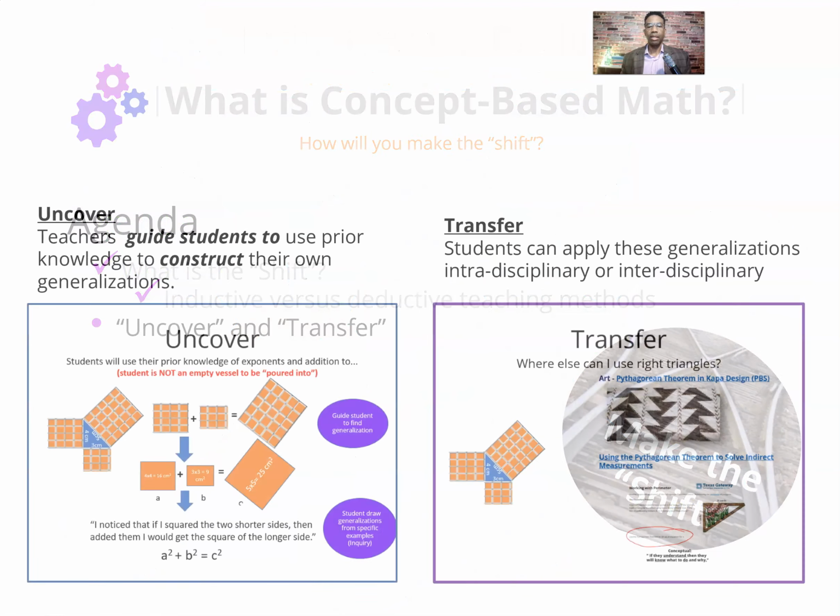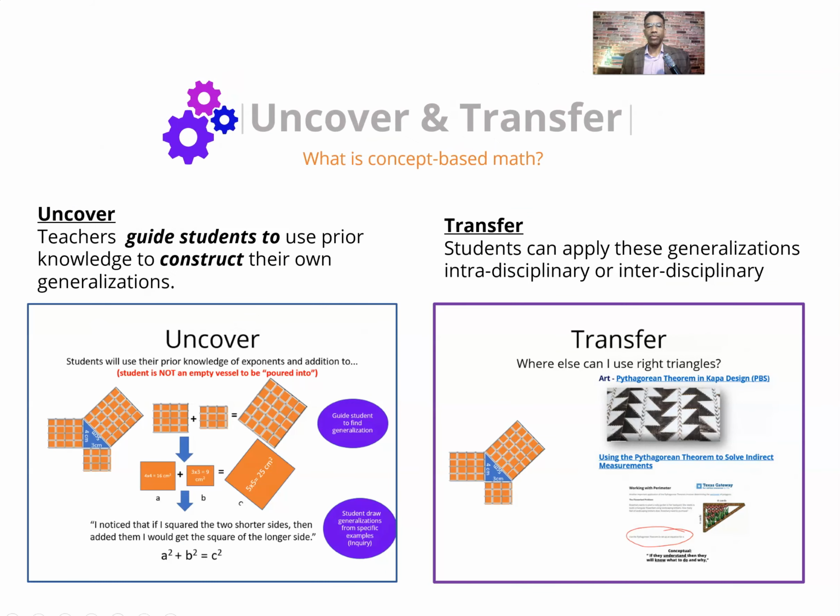And finally, the ideas of uncover and transfer. When we help the students uncover these generalizations, we're guiding them to use their prior knowledge to construct their own understanding, their own generalizations. And then once they understand those generalizations, they can transfer them.